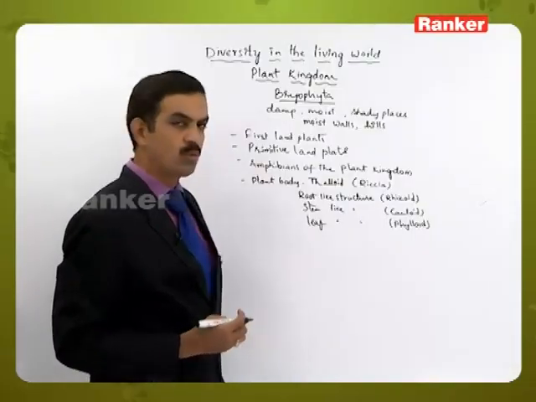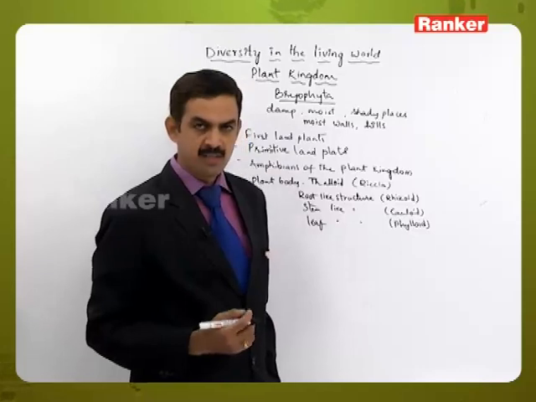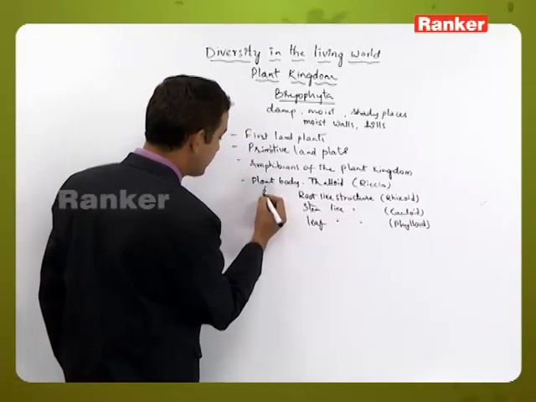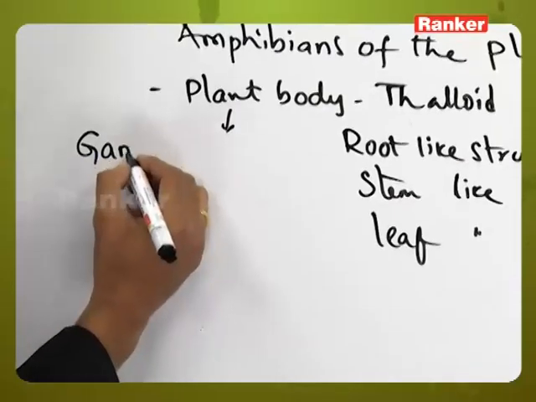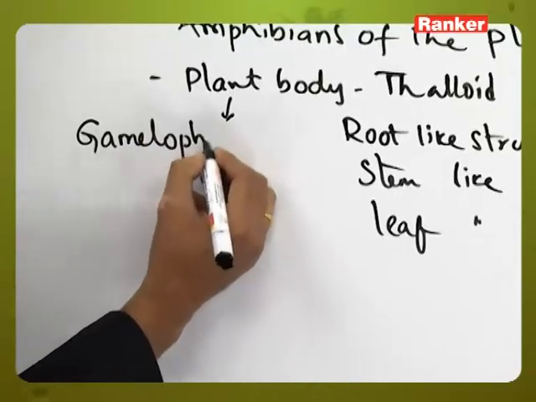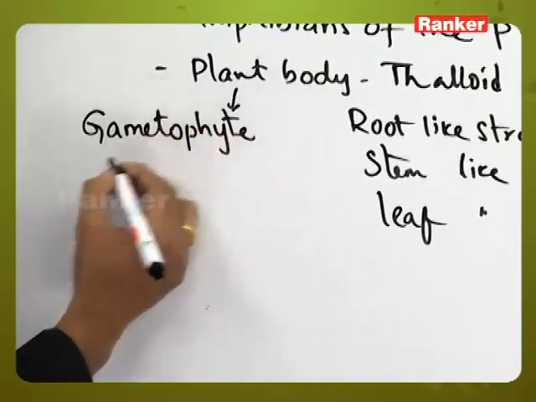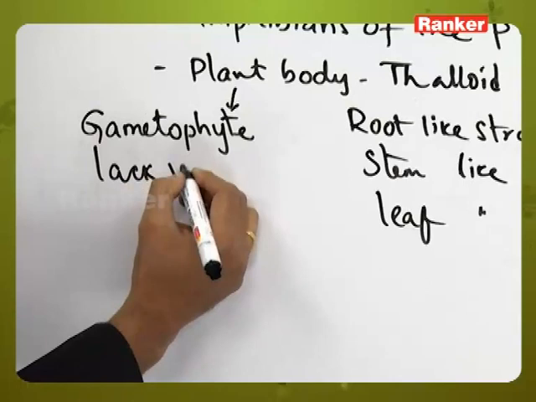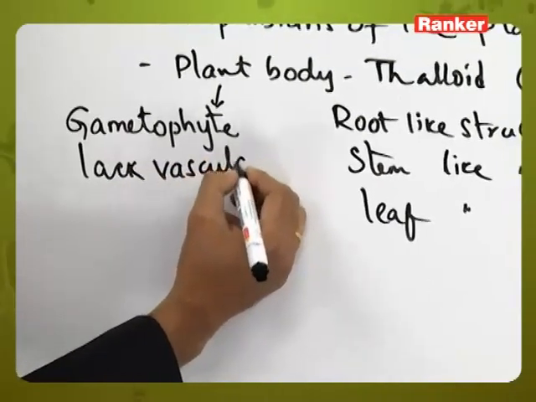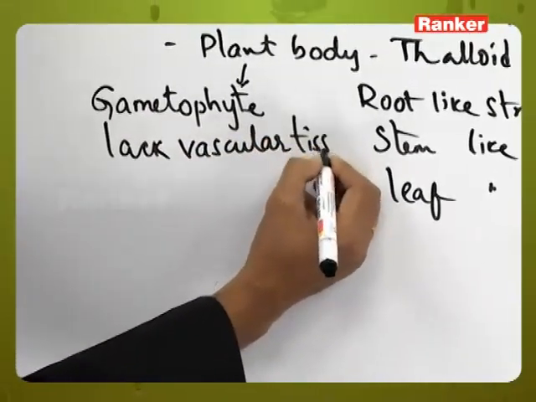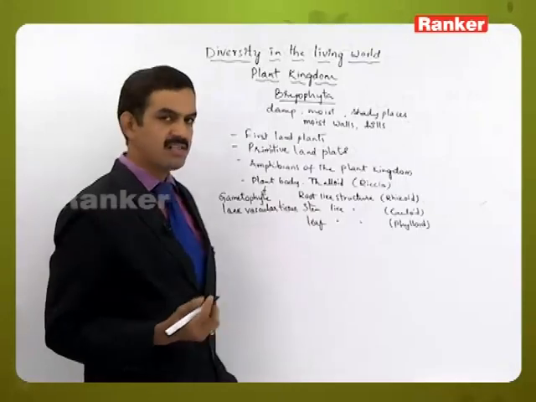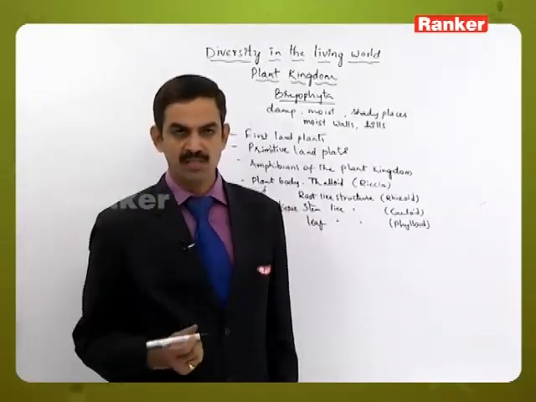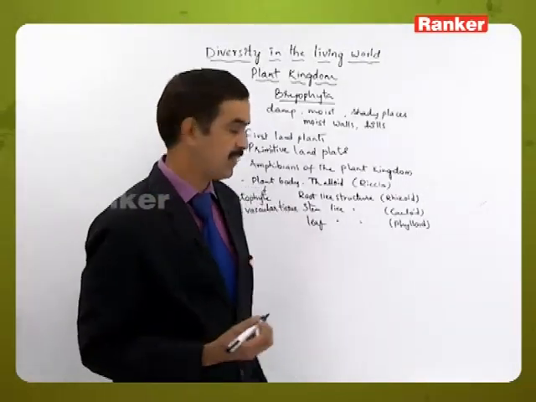But here the true plant body is not present because this plant body is part of the gametophytic generation, and apart from that they lack vascular tissue also. That's the reason why the true plant body is not present in the members of Bryophyta.